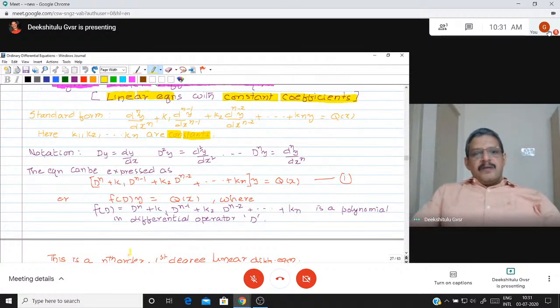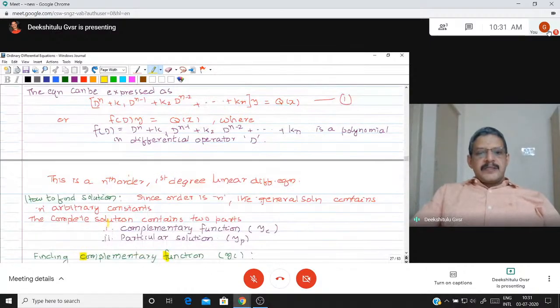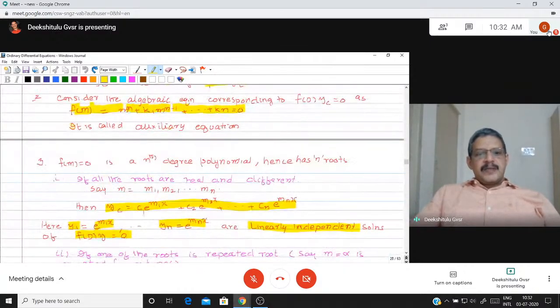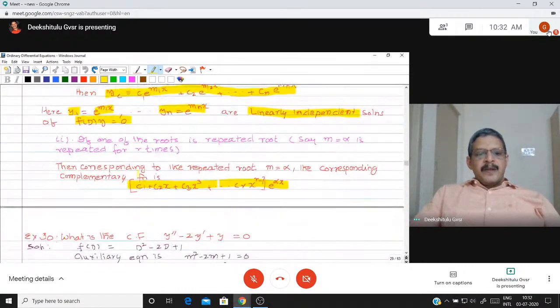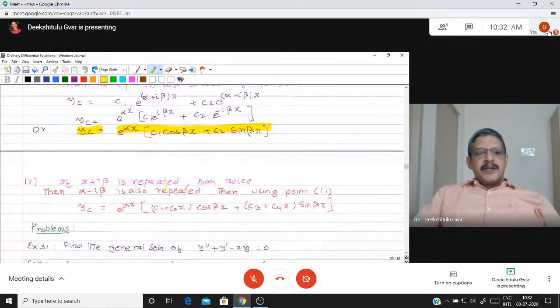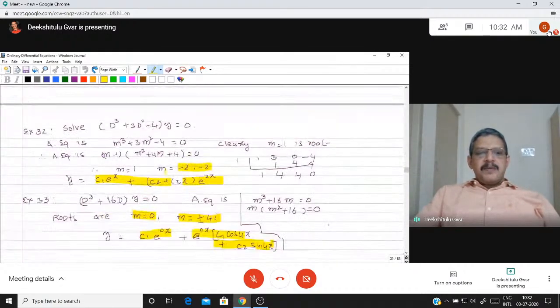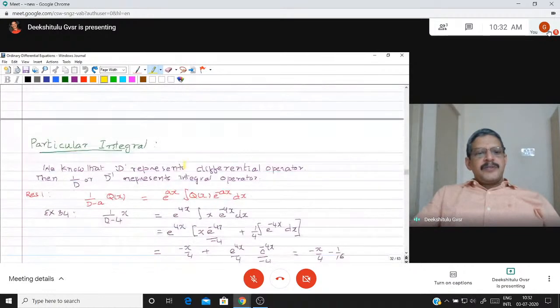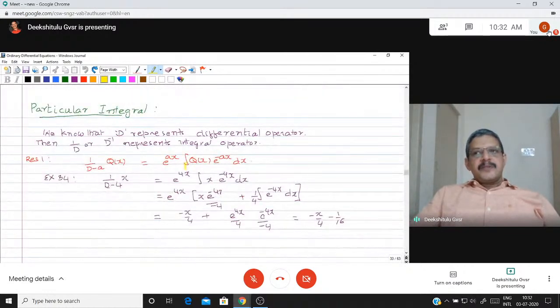Yesterday we saw complementary functions, how to find the complementary function, and that the complementary function is a solution of the homogeneous equation. That means whenever q of x on the right hand side is 0, we call that equation a homogeneous equation.